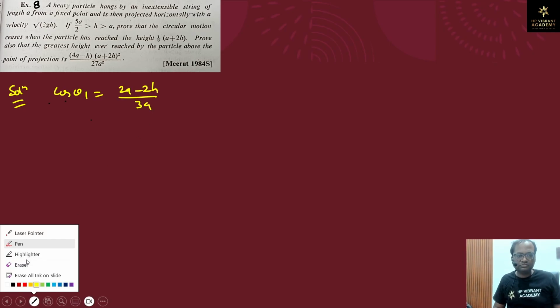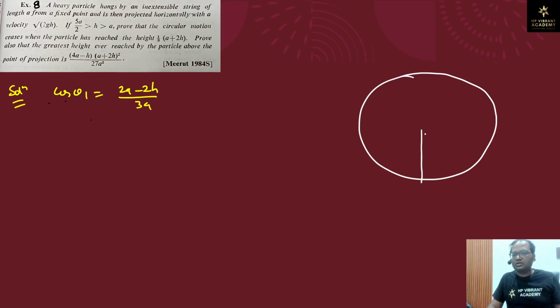In the second part, we have cos theta 1 is equal to 2a minus 2h upon 3. The circular motion ceases at a height of a plus 2h upon 3.